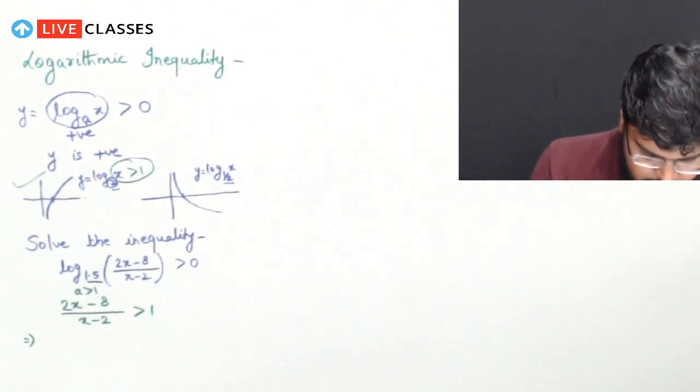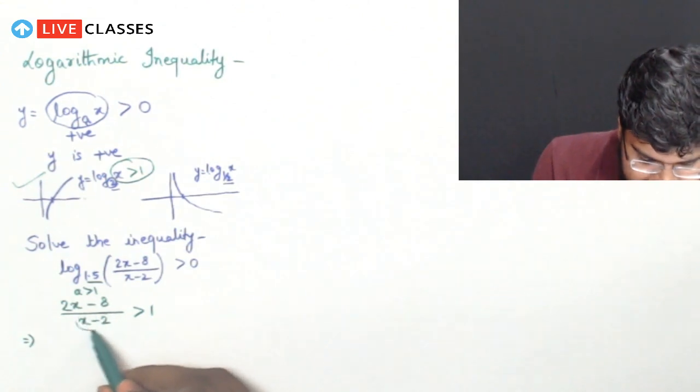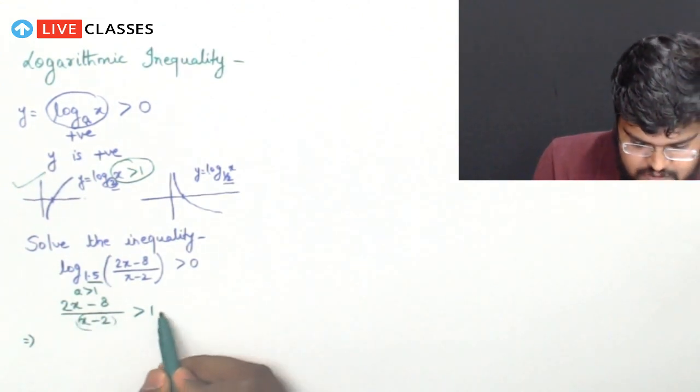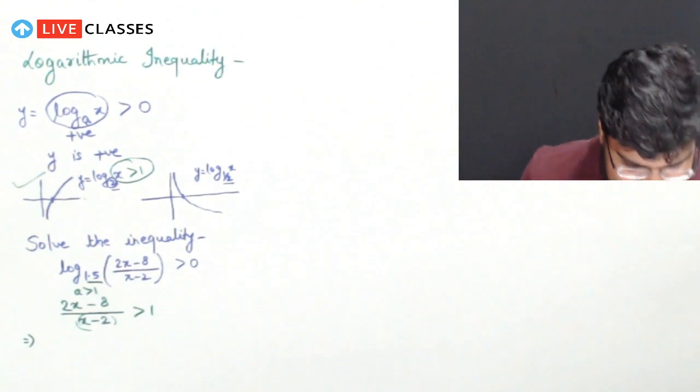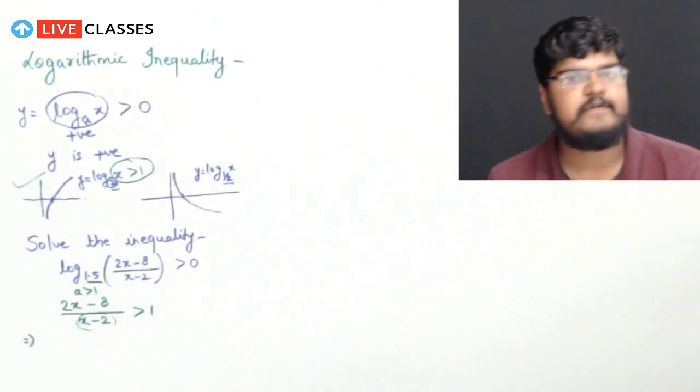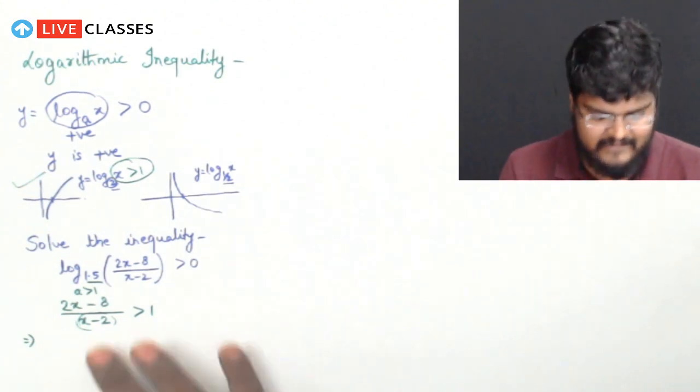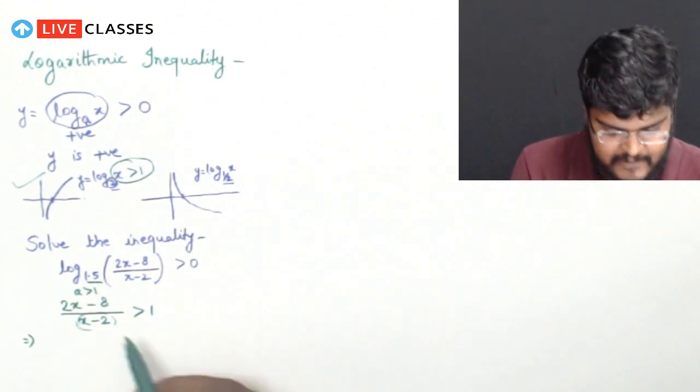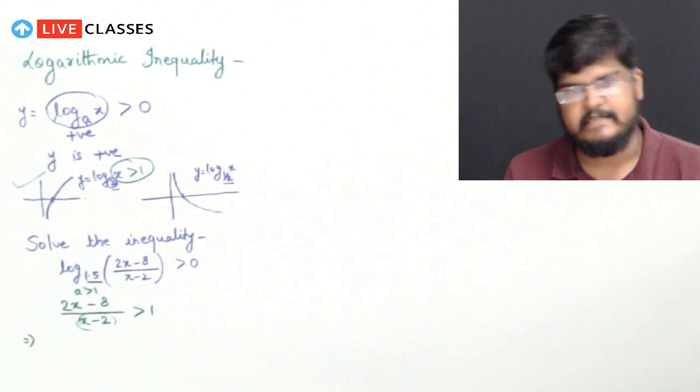Now make sure that you are not cross multiplying this x minus 2 to the other side. The reason is that x is a variable. It can take a positive value and it can also take a negative value, which is why we can't cross multiply it, because the sign of the denominator is uncertain.